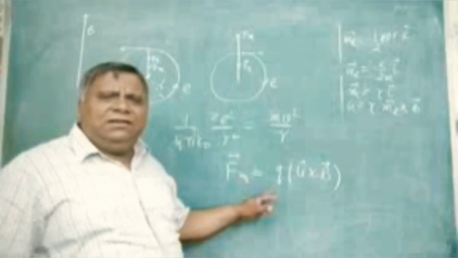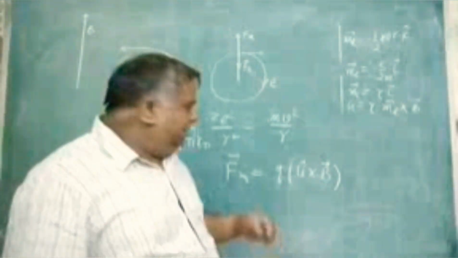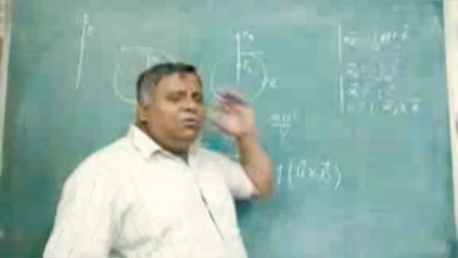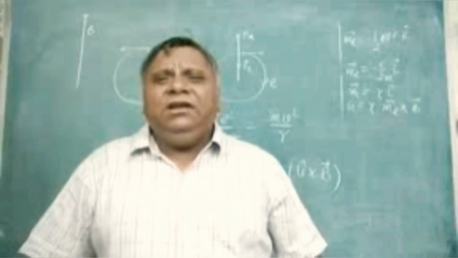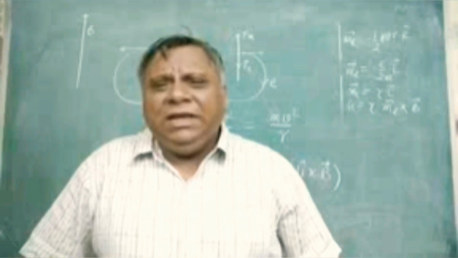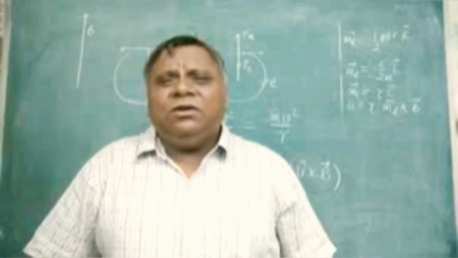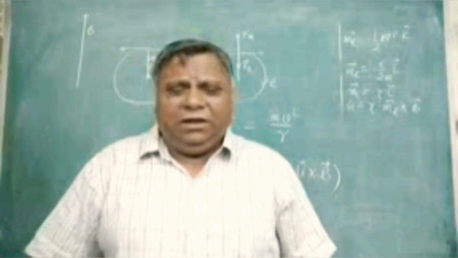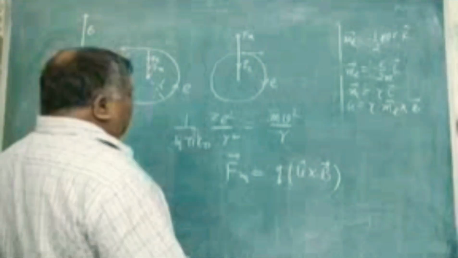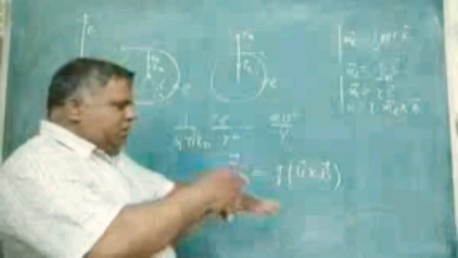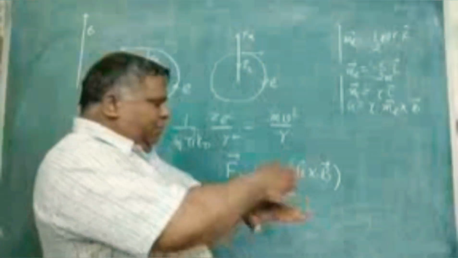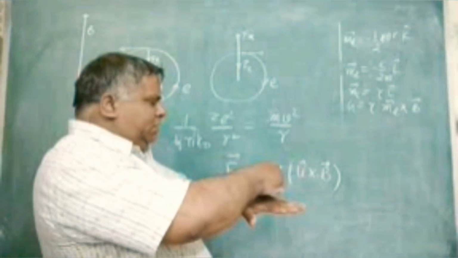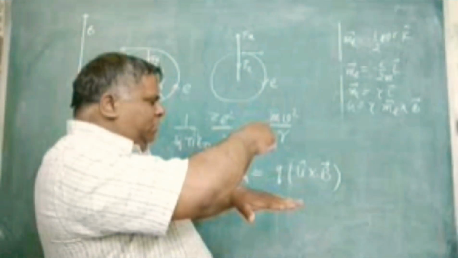where Q is any charge. For electron it is minus E. So V cross B. So this force is always perpendicular to the velocity V and magnetic field B, that is, perpendicular to the plane of B, V cross B. So this situation is like this: plane, magnetic field, electron is moving along this, B is perpendicular to this.